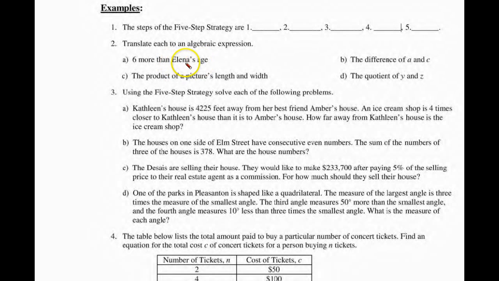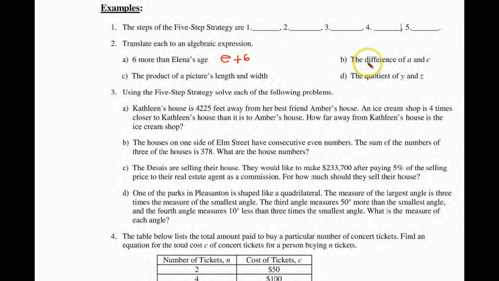So, do we know what Elena's age is? No. So let's call that E for Elena's age. And what would be 6 more than that? Well, E plus 6.